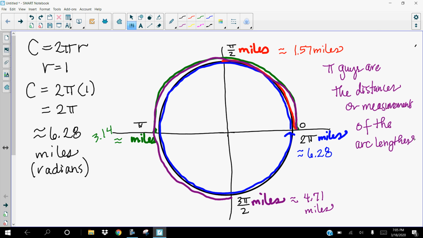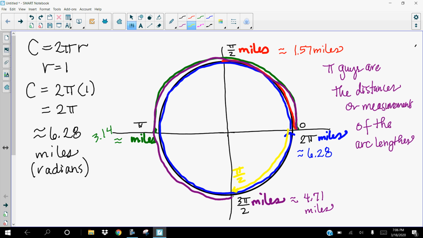Now here, let me make sure you understand this, and we'll talk about going backwards and stuff, but I just want you to understand. Say I started at 0 and I walked backwards. This measurement, this yellow piece that I just highlighted, that is a pi over 2 chunk. So it's the same measurement as the original pi over 2.